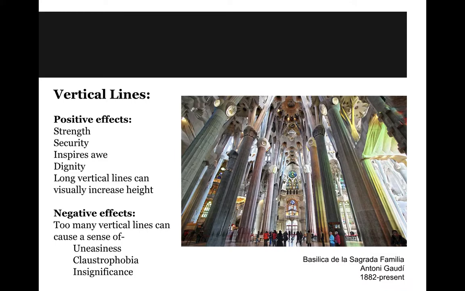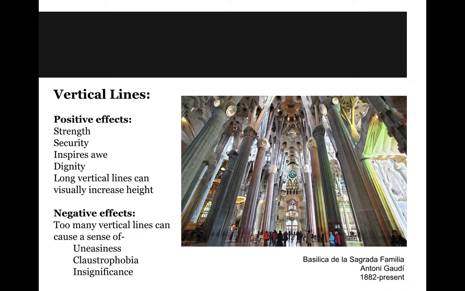Using long vertical lines can visually increase height, makes things actually appear like there's greater height to it. So cathedrals and government buildings and really important spaces often use these really strong vertical lines to make it feel like the ceilings are actually higher than they actually are. You can use that in drawings and paintings as well to make things look like they're taller.